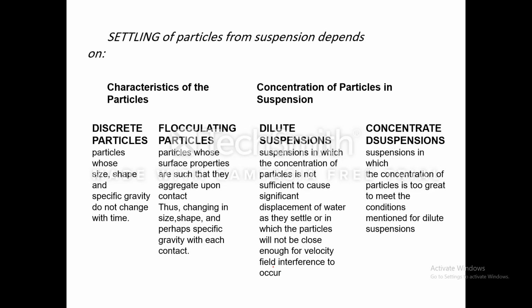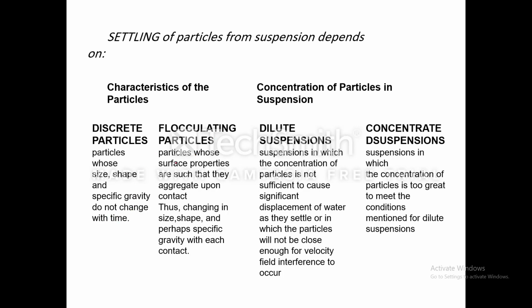Settling of particles from suspensions depends on the characteristics of the particles and the concentration of particles in suspension. So we have discrete particles, particles whose size, shape, and specific gravity do not change with time.